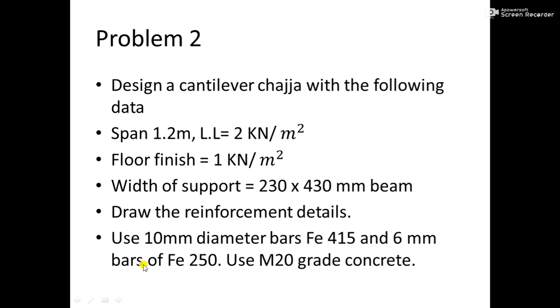Use 10 mm diameter bars of Fe415 and 6 mm bars of Fe250. That is, the main steel is Fe415 and mild steel is used for distribution steel. Use M20 grade concrete, that is fck is 20 Newton per mm square and fy is 415 Newton per mm square.